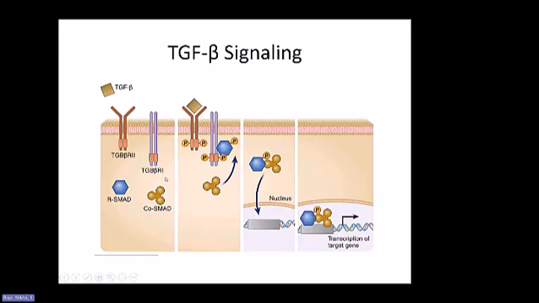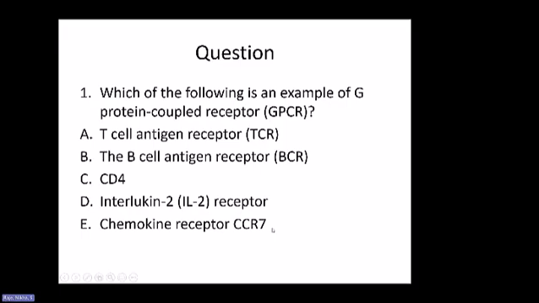That helps in recruiting something called R-SMAD, or receptor-associated SMAD, and then that binds to Co-SMAD, and that R-SMAD and Co-SMAD together form a complex that becomes the transcription factor that goes to the nucleus and helps with the transcription. All right, that's the end of the chapter.